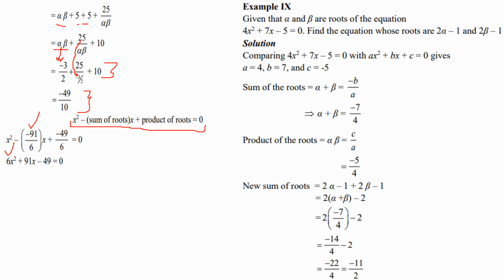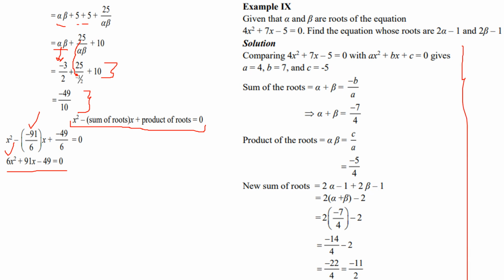And then your product has been negative 49 divided by 6. Everything being equal to 0. Making everything linear, you're going to get this as your final answer, or as the equation that was required. Now, since example 9 is having the same idea, I'm just going to peruse through very fast.